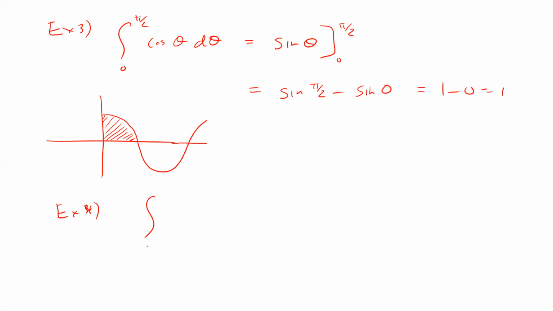Let's see, it'll be from pi over 2 to 3 pi over 2, right? Still a cosine though, right? Cosine theta d theta. Let's do that one. Let's see what happens here.